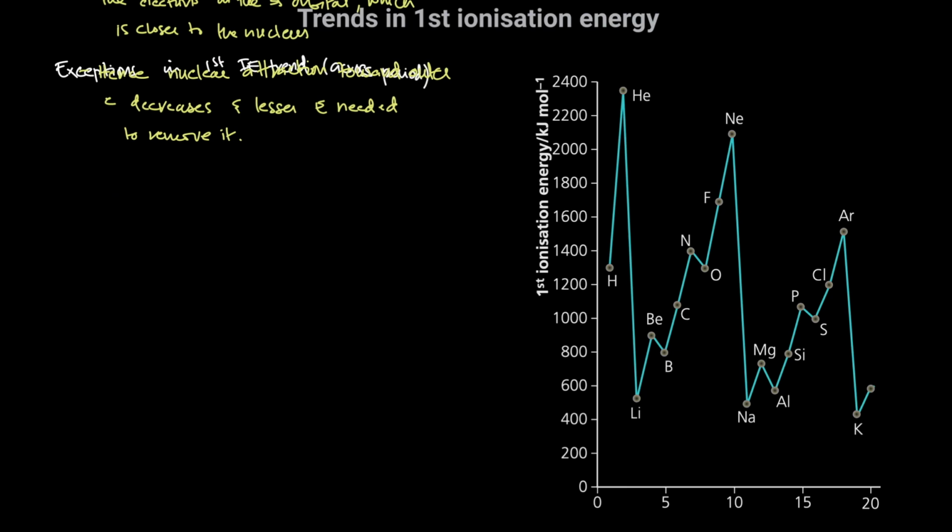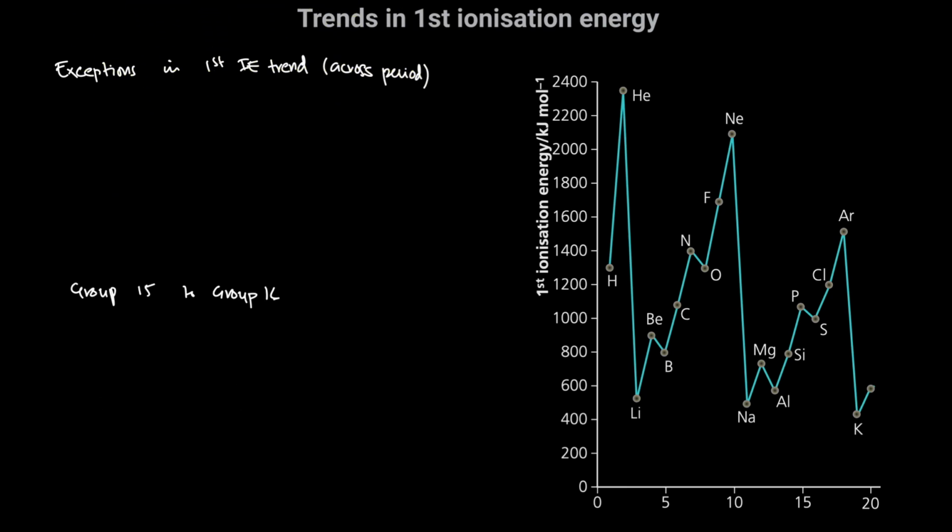Now we're going to look at the next exception, which is that we see a decrease in the first ionization energy as we go from group 15 to group 16. So here we're going to try to answer the question: why does phosphorus have a greater first ionization energy than sulfur, or why does sulfur have a lower first ionization energy than phosphorus?